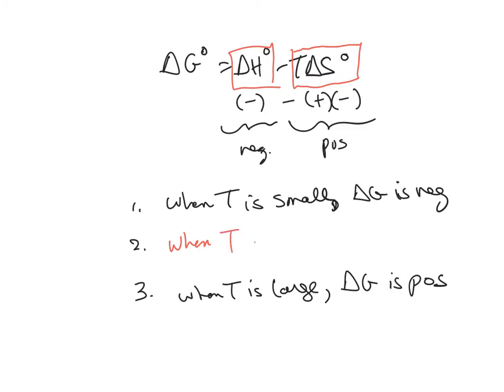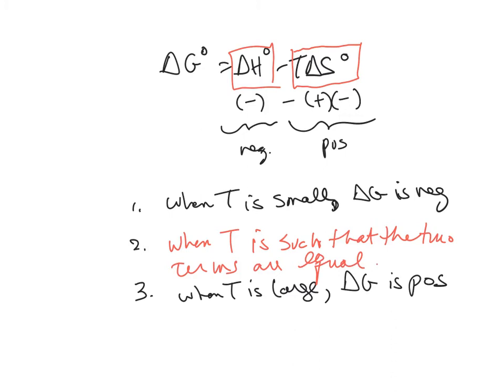When temperature is such that the 2 terms are equal, then delta G is 0. Okay, that's an important point.